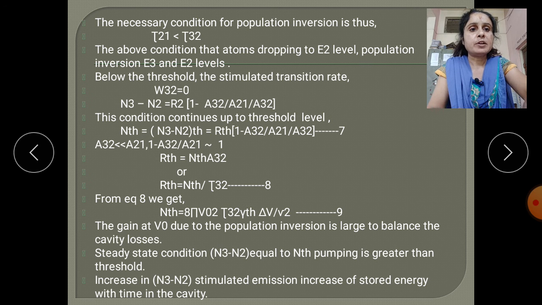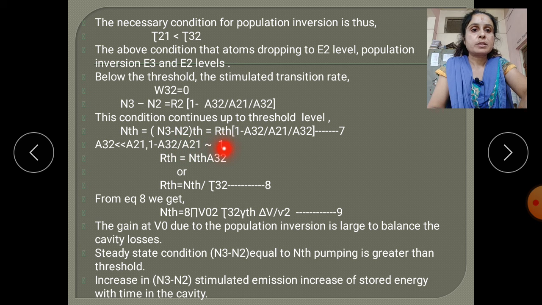condition that can be continuously generated up to the threshold frequency, and the threshold levels can be continuously generated. So, in this, the population at threshold level NTH is equal to (N3 minus N2) at threshold.